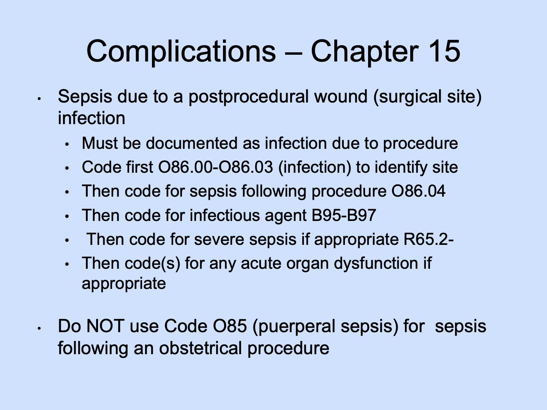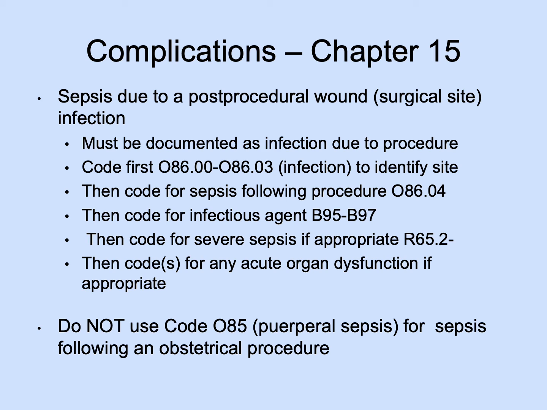Okay, so remember, this is just like what we talked about in chapter 1. Sepsis due to a post-procedural wound of the surgical site must be documented as infection due to procedure. Code first O86.00 through O86.03 to identify the site of the wound.